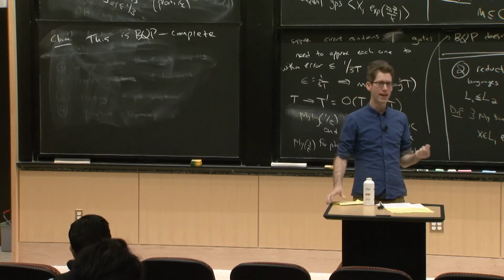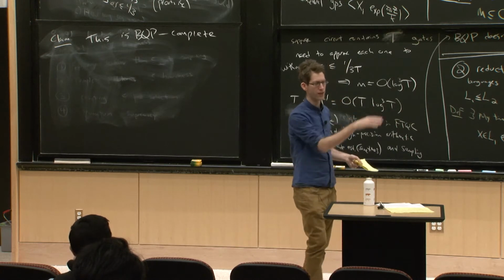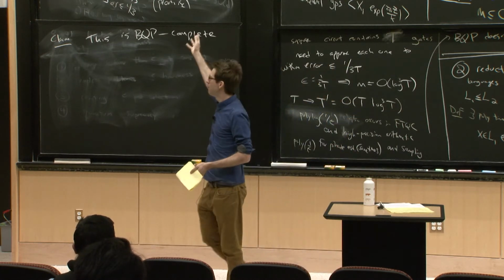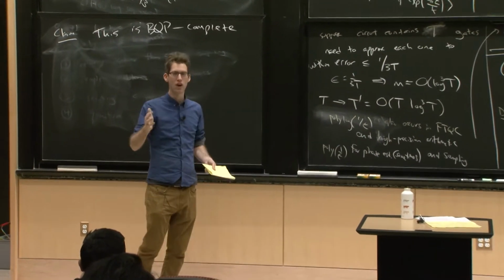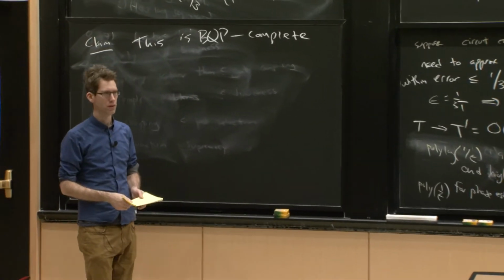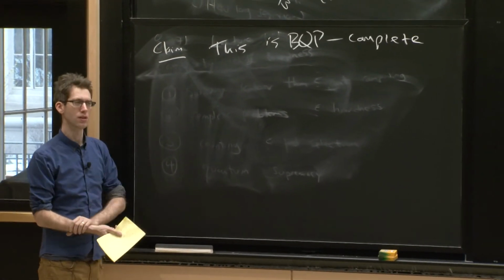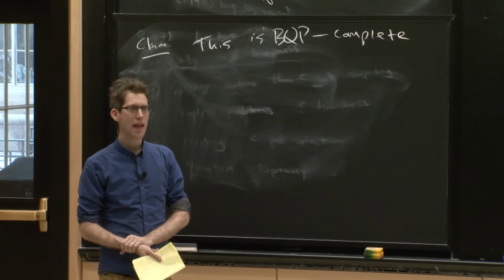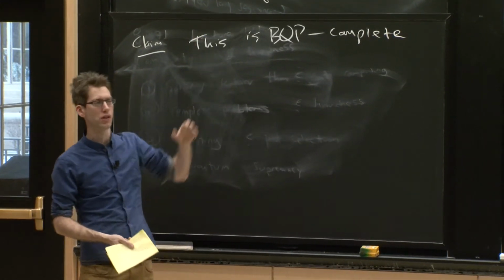And if the way I've run it has introduced more errors, let's say from the Solovay-Kitaev theorem, I could just amplify. I could just repeat it a few times and drive my error probability below 1/3. So it's in BQP.